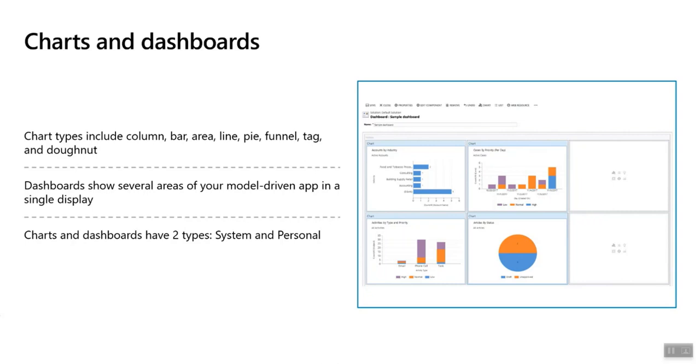You can use dashboards to show several areas of your model-driven app in a single UI. You can create both system-level dashboards as well as personal-level dashboards in model-driven applications, mainly to make sharing your dashboards much easier with your users.